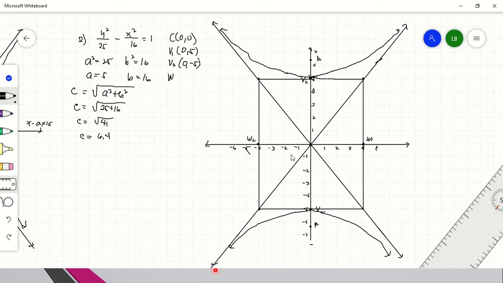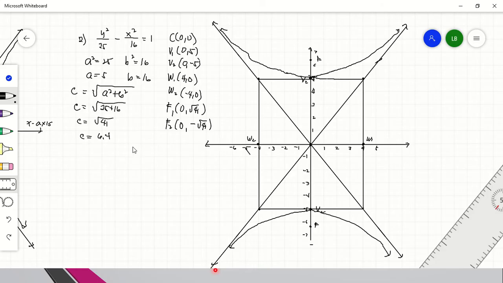Co-vertices natin ay 4, 0, negative 4, 0. Focus is 0, square root of 41, 0, negative square root of 41.